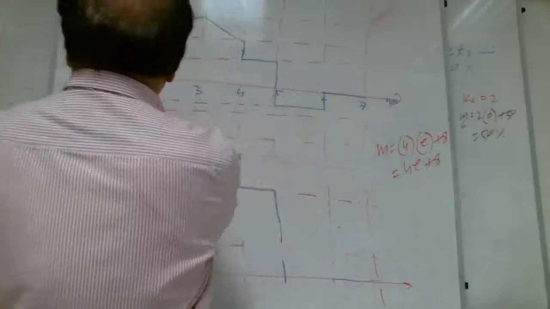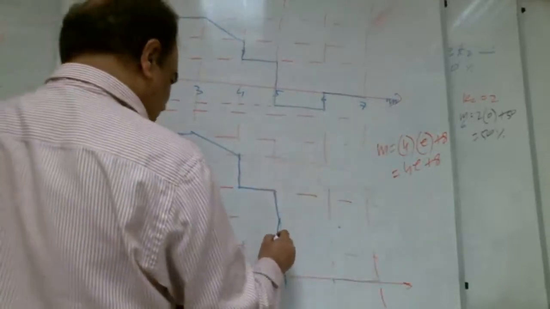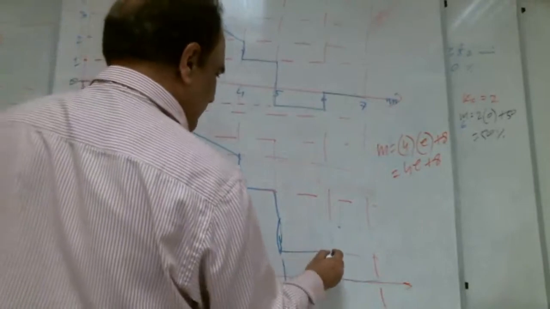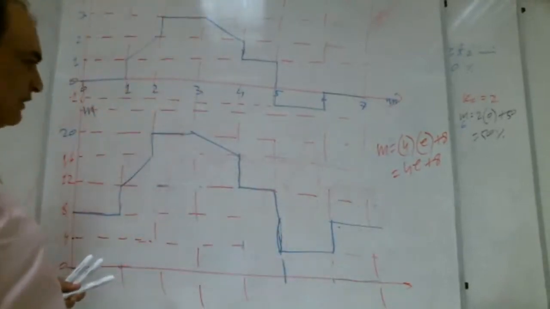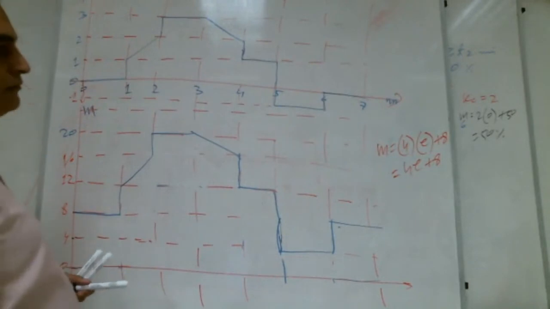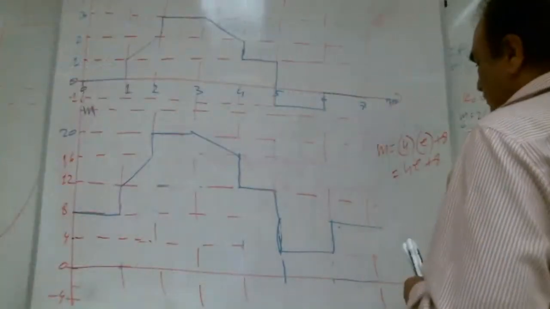This is minus 1 here into 4, minus 4 plus 8, 4. So it will go up to here, then like this, up and right. Right, Shabab? Yes.